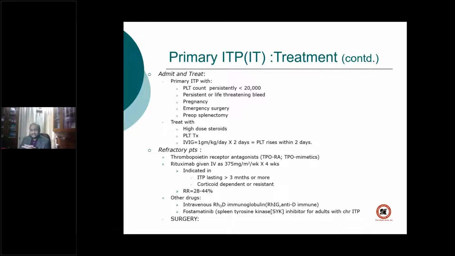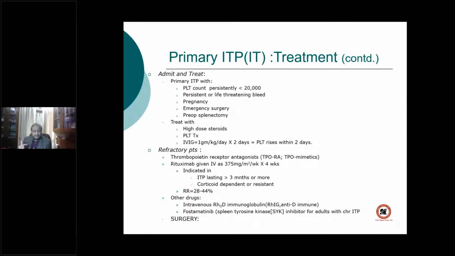The other group of patient is a patient who has a much more serious or graver ITP disease as compared to the first patient, who was being treated as an OPD patient. Now here this is a patient who has got a platelet count persistently below 20,000. I told you the cutoff level for spontaneous bleeding.